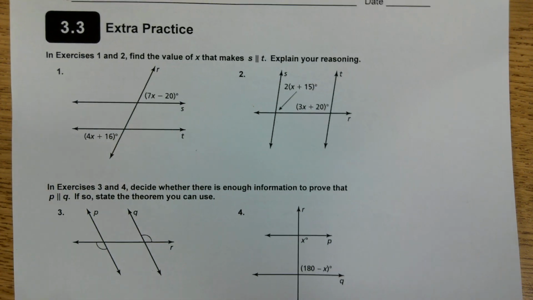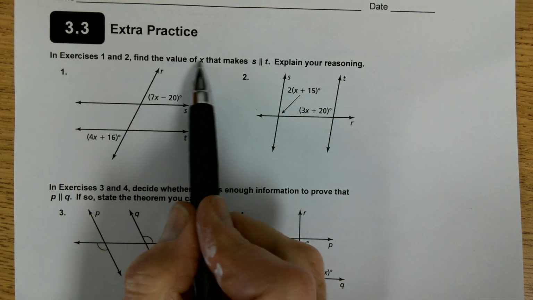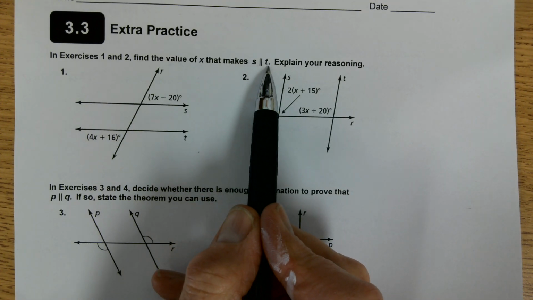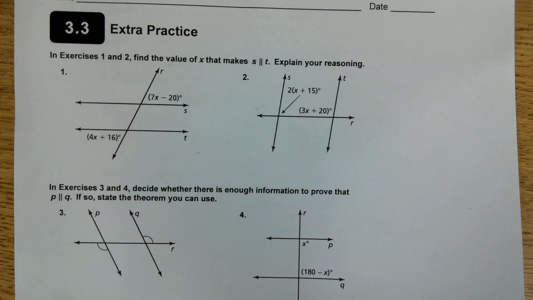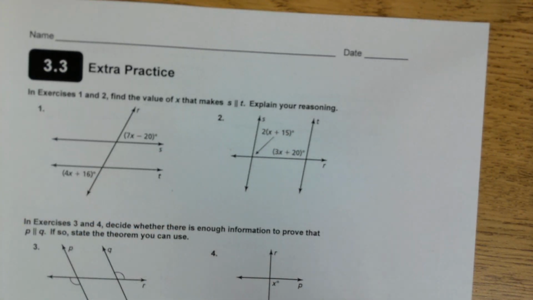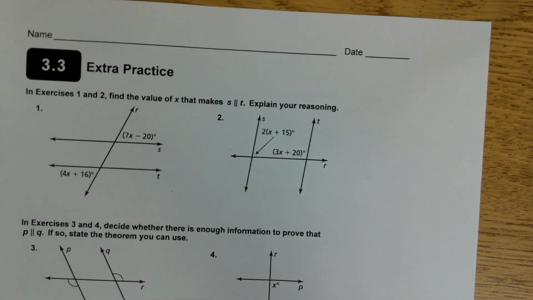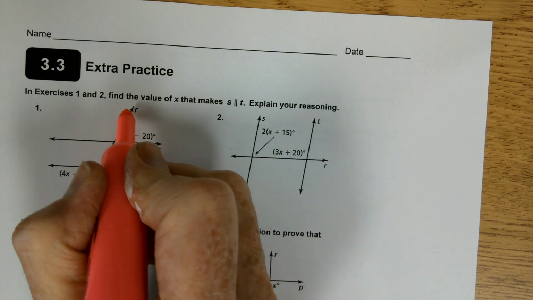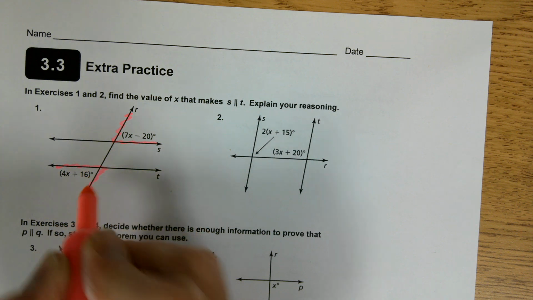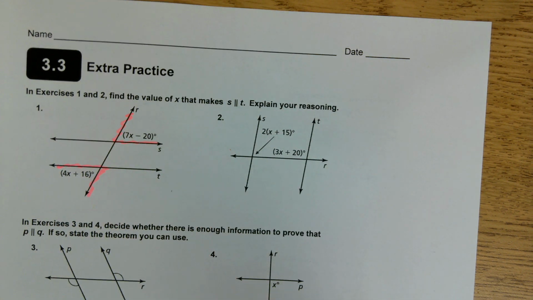Okay? Let's first, it says, find the value of x that makes line S parallel to line T. So what do the angle measurements have to be to make them parallel? Let's just do a couple. So on this one, I'm going to highlight the angle sides and classify what kind of angles they are.